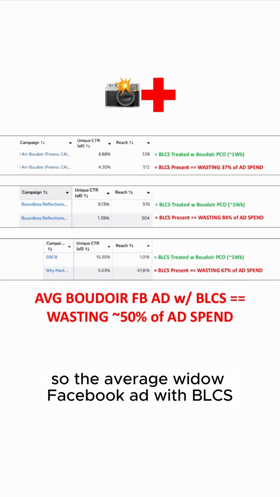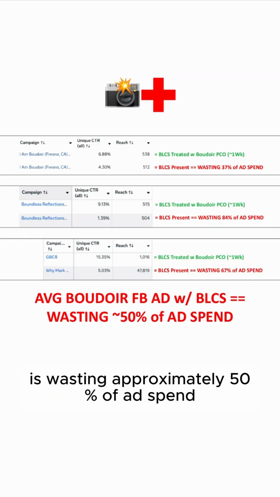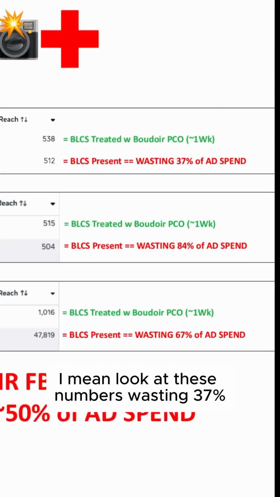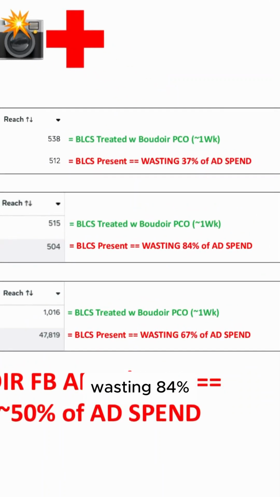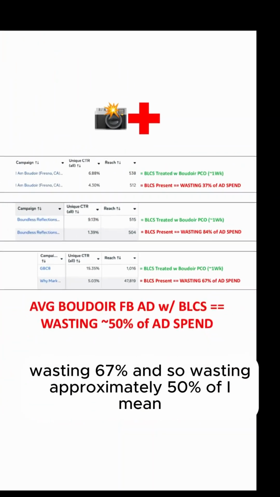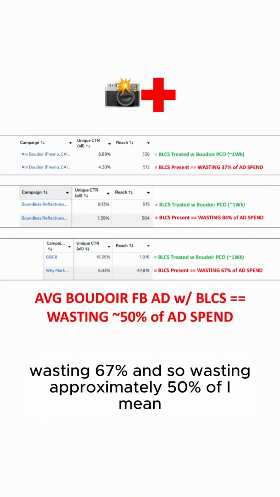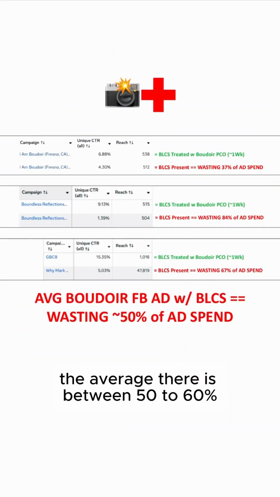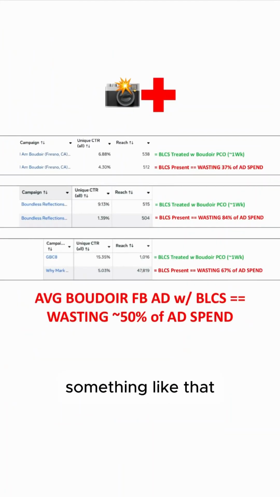So the average Boudoir Facebook ad with BLCS is wasting approximately 50% of ad spend. Look at these numbers: wasting 37%, wasting 84%, wasting 67%. The average is between 50 to 60%, something like that.